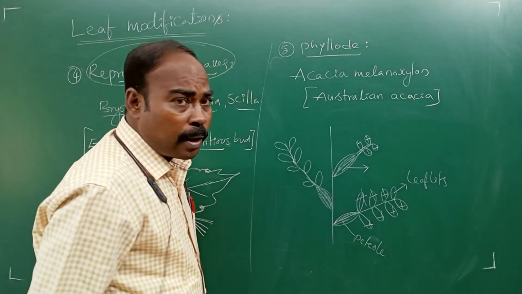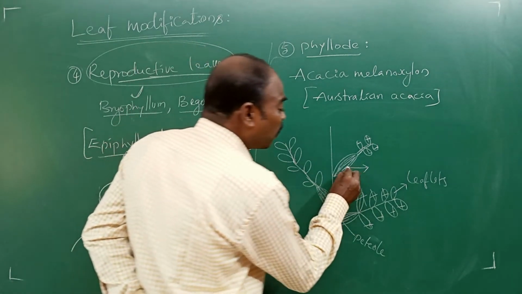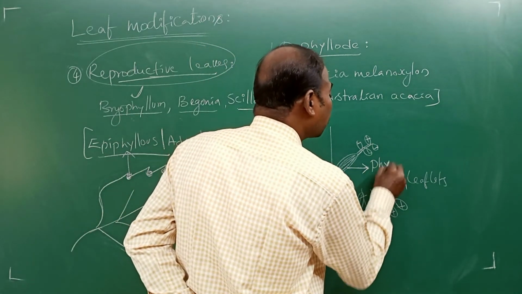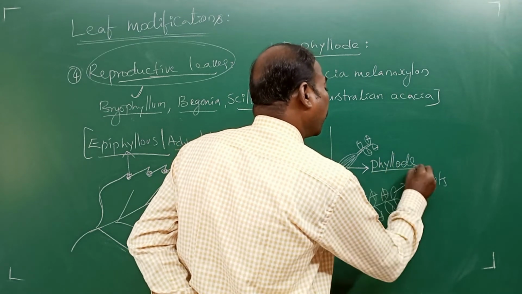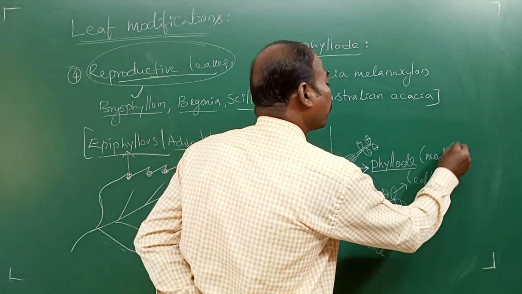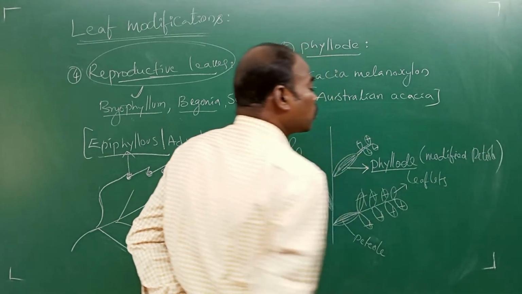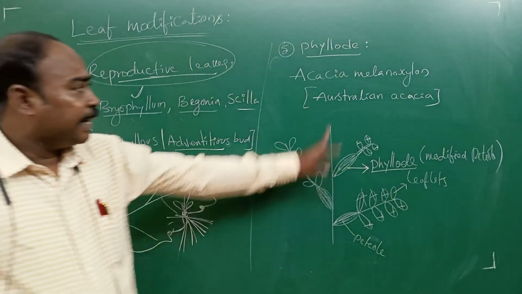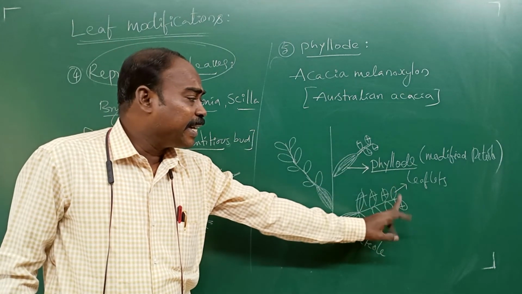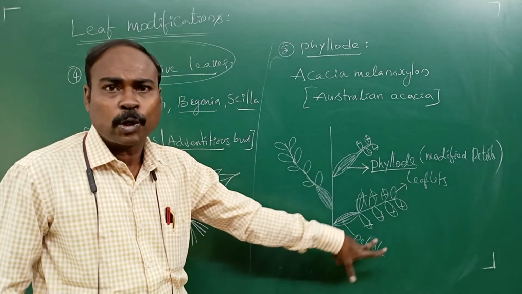This bulged petiole performs photosynthesis. These are called phyllodes, modified petiole. So the modified petiole in these plants, after disintegration of the leaflets, performs photosynthesis.